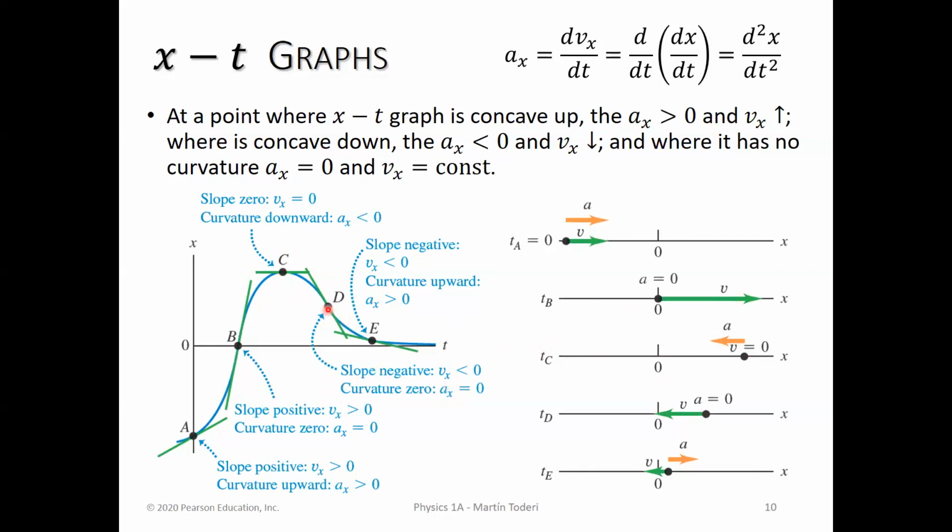This is an inflection point, just like B here. So there is a change in the concavity of the curve, right? And then if we take a look at point E, we still have negative velocity, and we have positive acceleration. So we have a curvature which is upward.